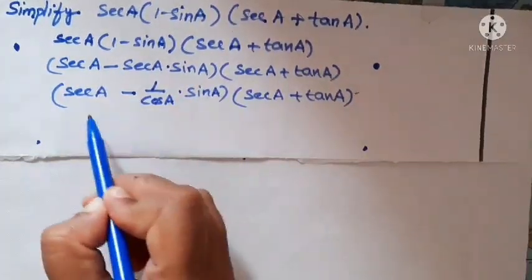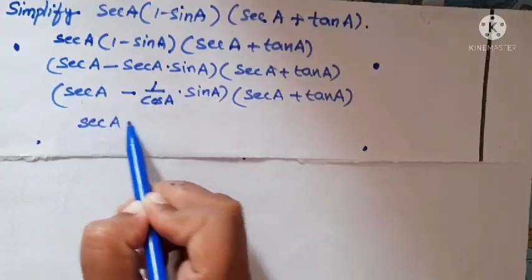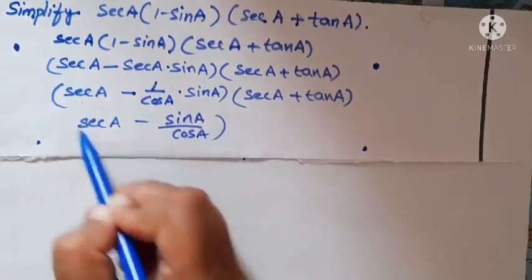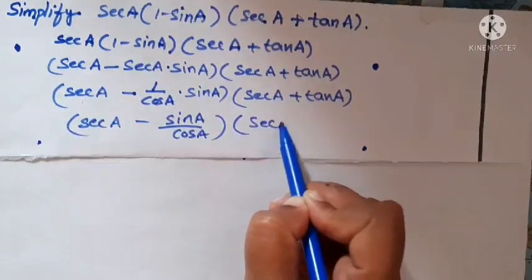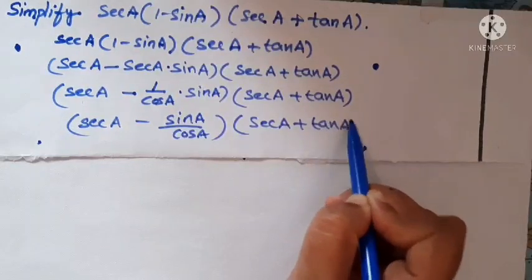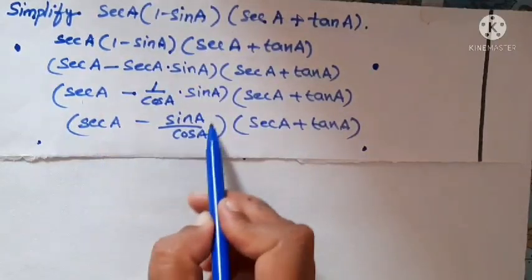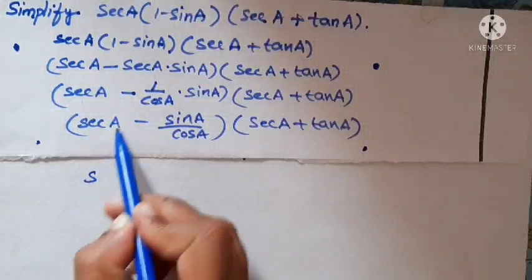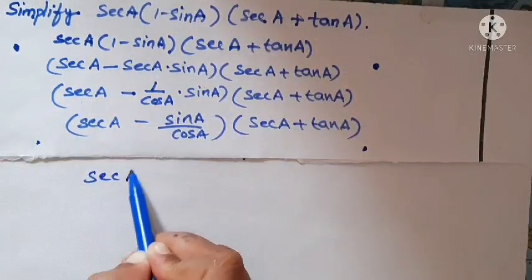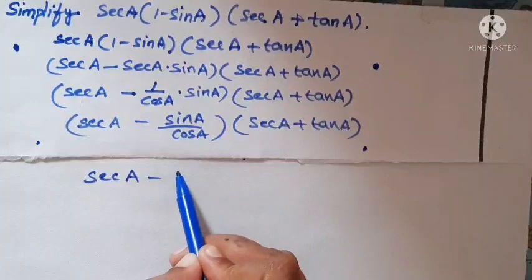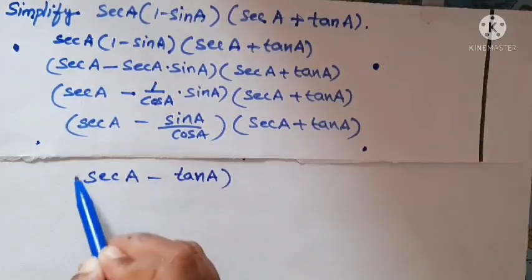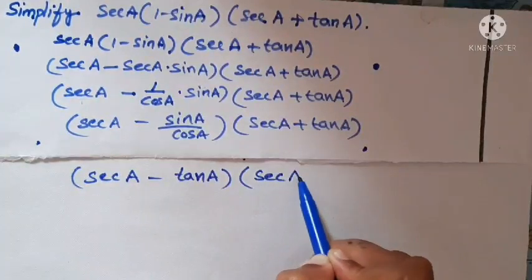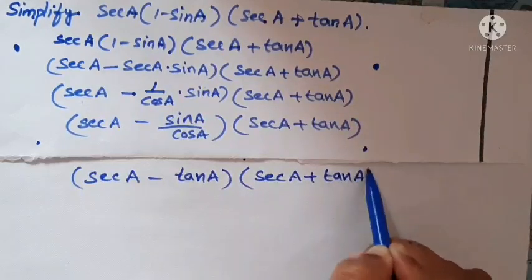Here secant a again, and 1 into sin a by cos a. Here sin a by cos a, you know that is tan a. So here secant a as usual, secant a minus tan a, and now I am writing as usual secant a plus tan a.